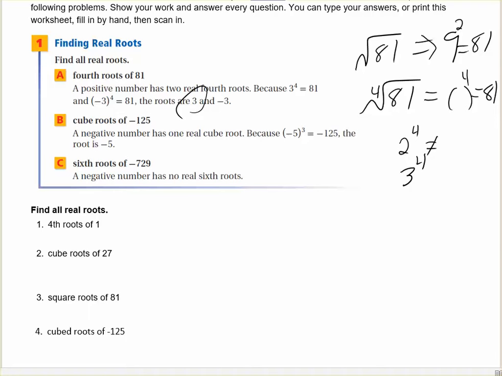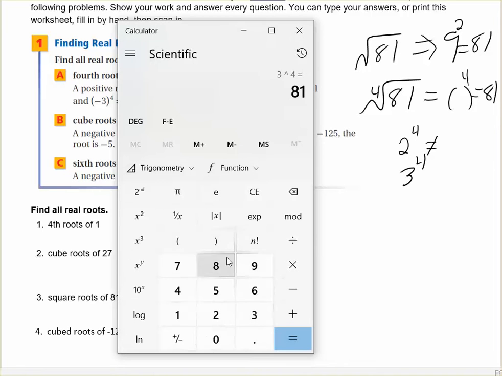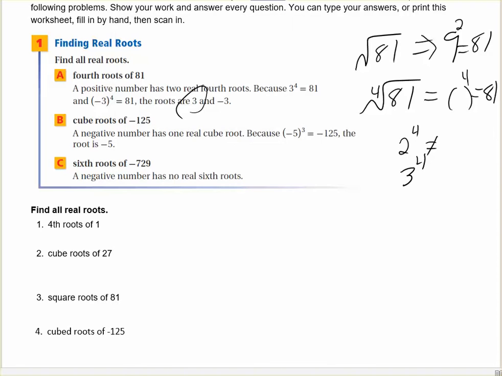However, because it's an even number root, it would also be true that negative 3 in parentheses to the fourth root is also equal to a positive 81. So there's 2 answers for even numbered roots.